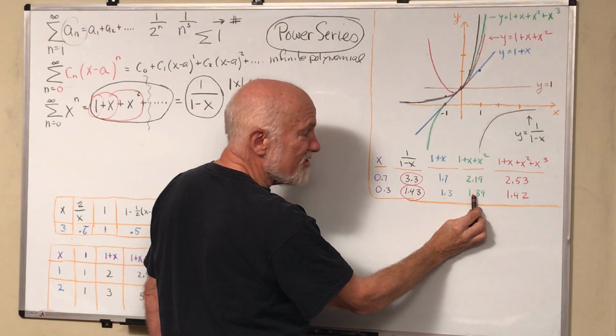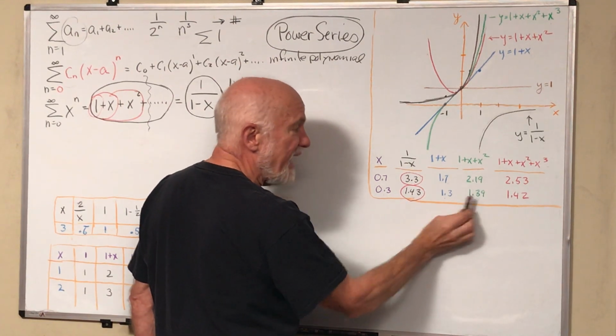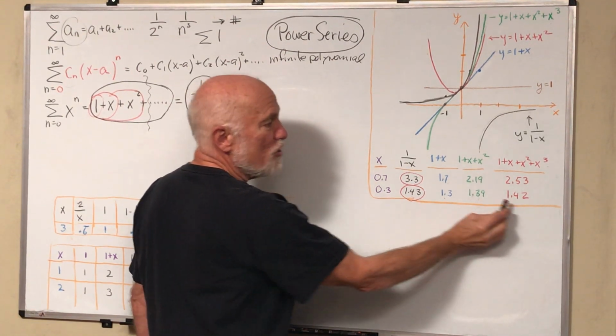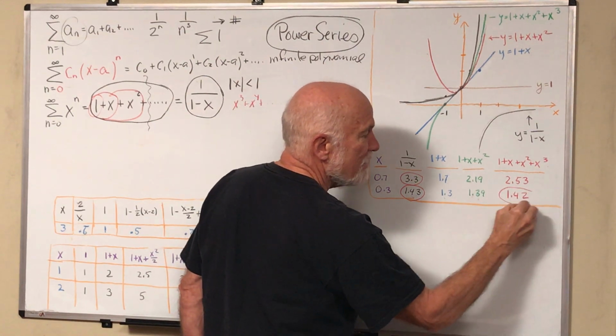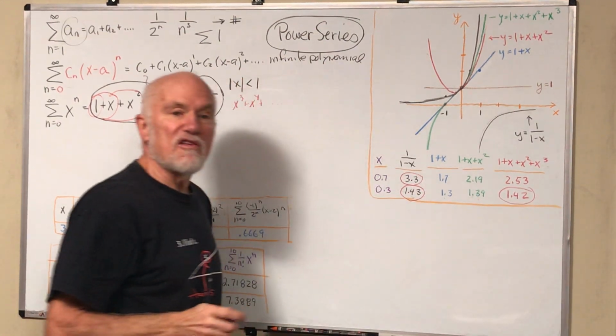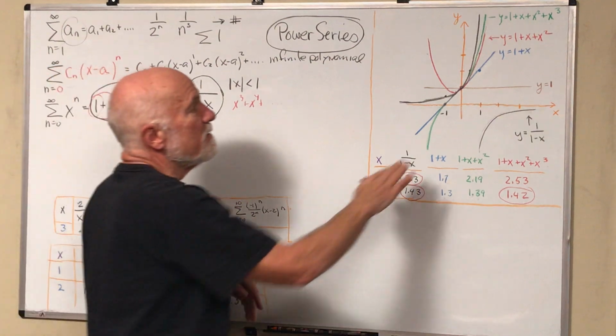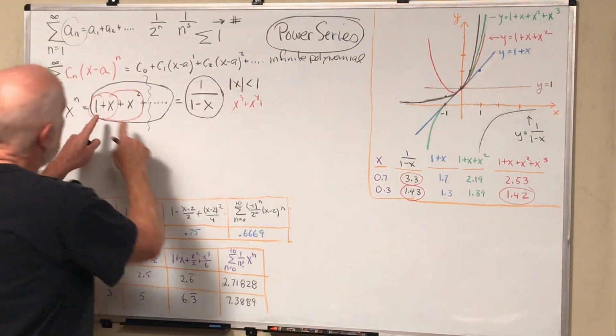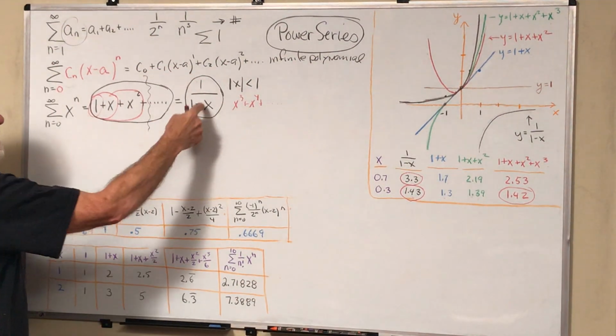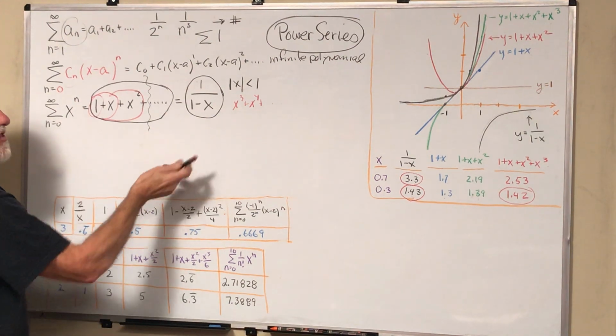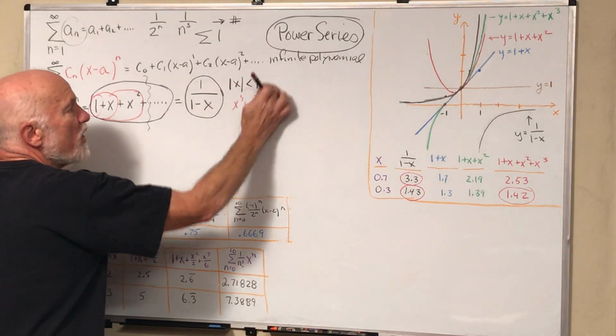The parabola this time predicts 1.39. But the cubic gives you 1.42. So you can see how well these polynomials can predict this function as long as it's within where it converges.